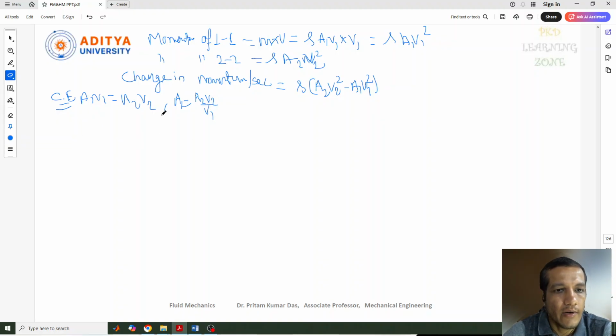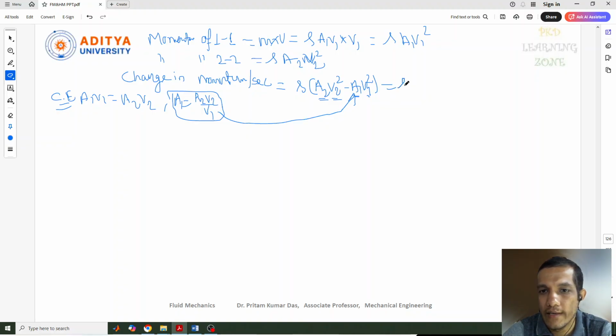Now in this expression, a2, v2, a1, v1, four values are there. Let us convert it into single terms, a1 or a2 or v1 or v2. I have taken a1 equal to a2 v2 by v1, and I put this value of a1 here.